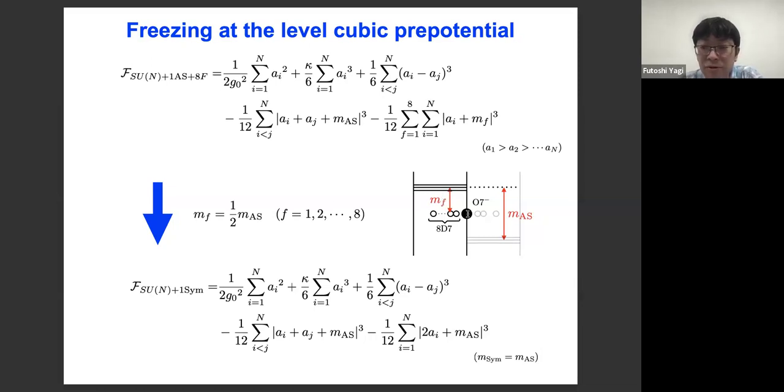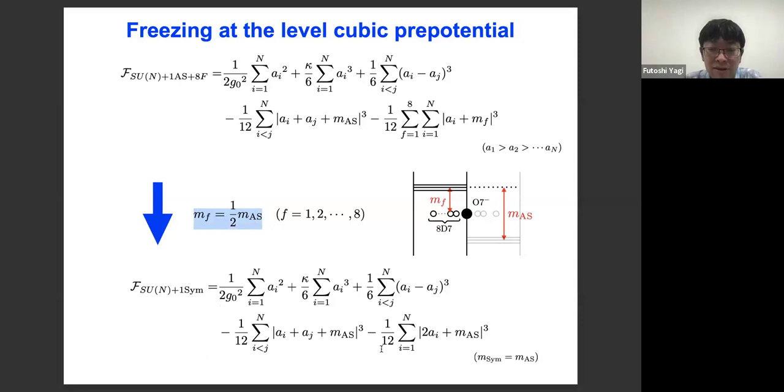So if we would like to tune the location of the D7 to the location of the O7 minus, what we need to do is to tune the mass of the flavor to be half of the antisymmetric mass. And so what I did is just substitute this into the above equation.